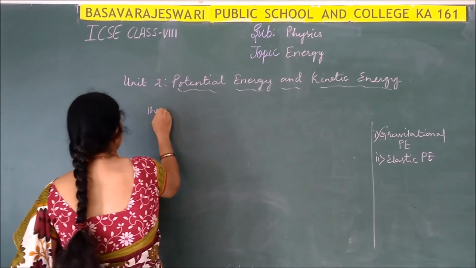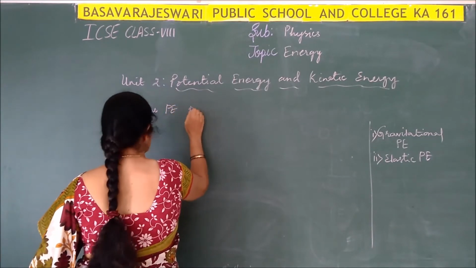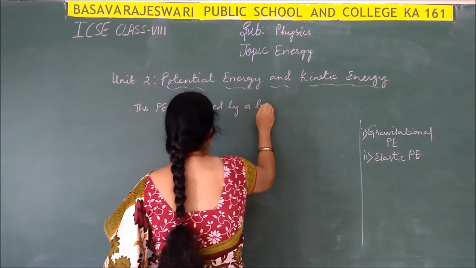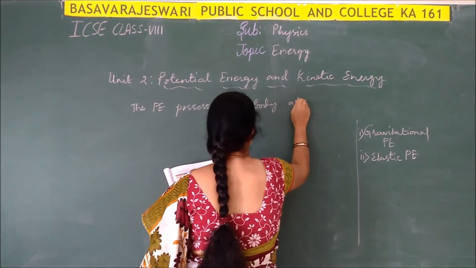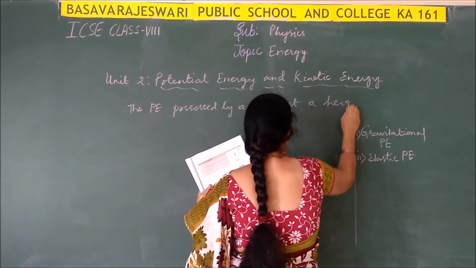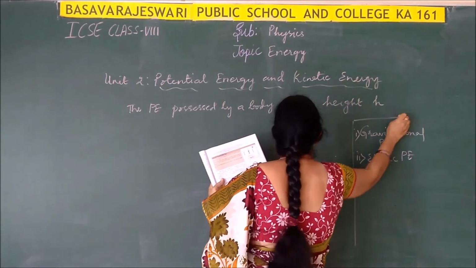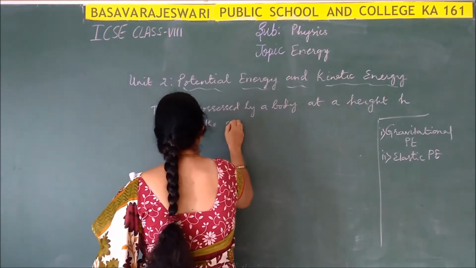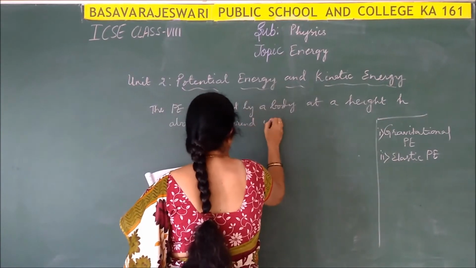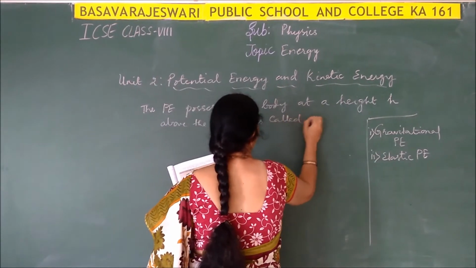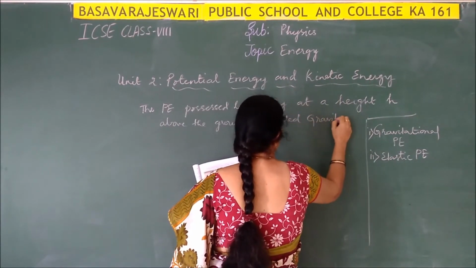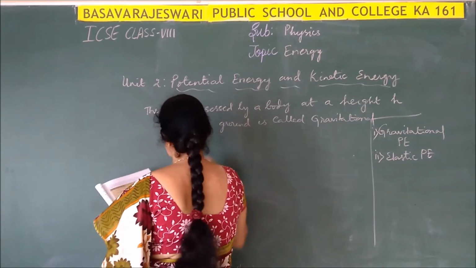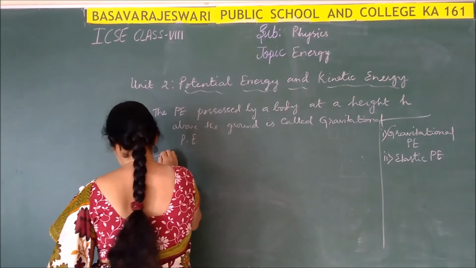The potential energy possessed by a body at a height h above the ground is called gravitational potential energy. Understood? Then, what is elastic potential energy?